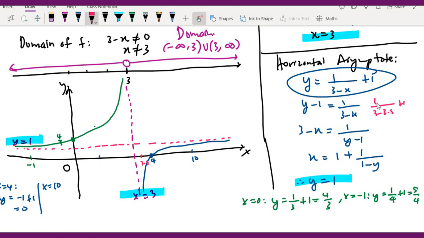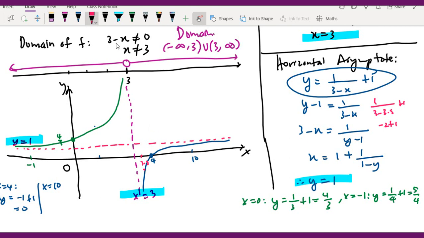That is 1 over negative 0.5, which is negative 2, plus 1, and I get a negative answer. So this is the graph, which lies in the second quadrant and fourth quadrant.